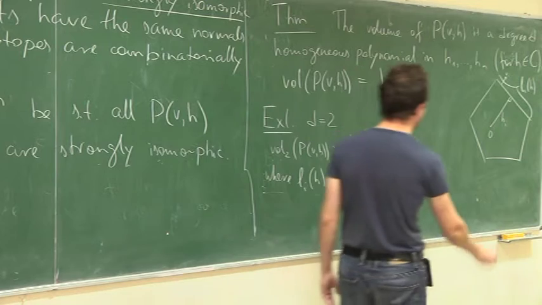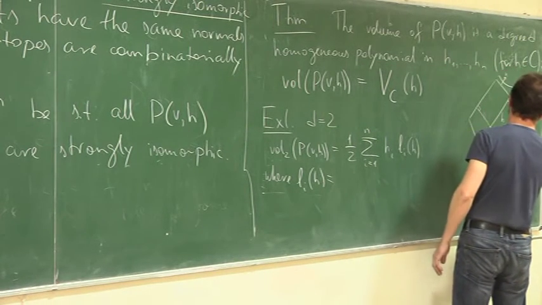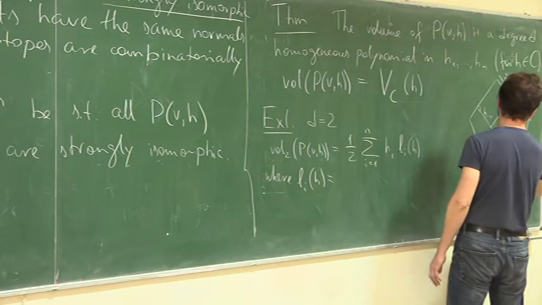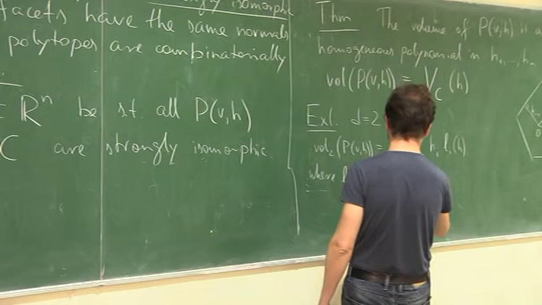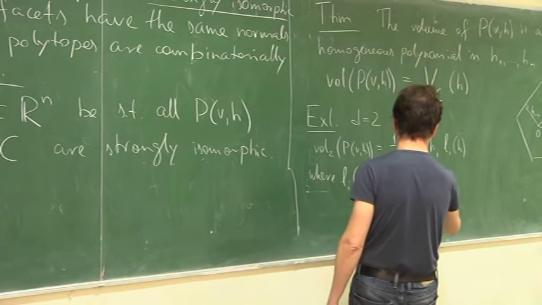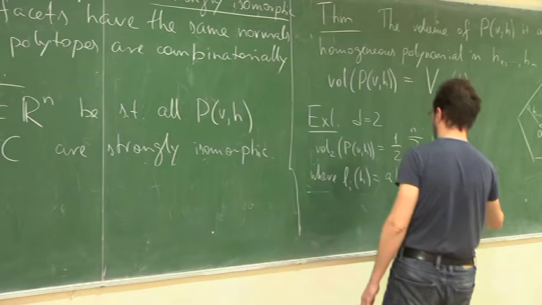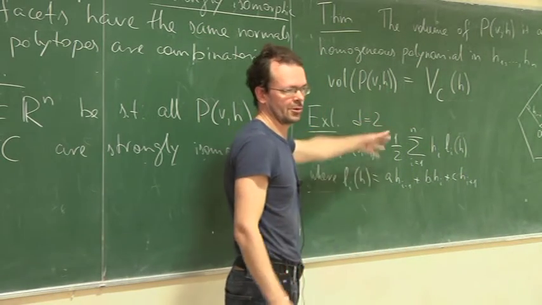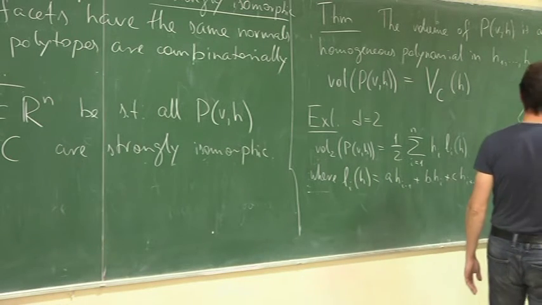In fact, it is a linear function of only these three lengths. So this is A times H(i-1) plus B times Hi plus C times H(i+1). So this is not difficult to show. This is some trigonometry, to compute this length from these three numbers.